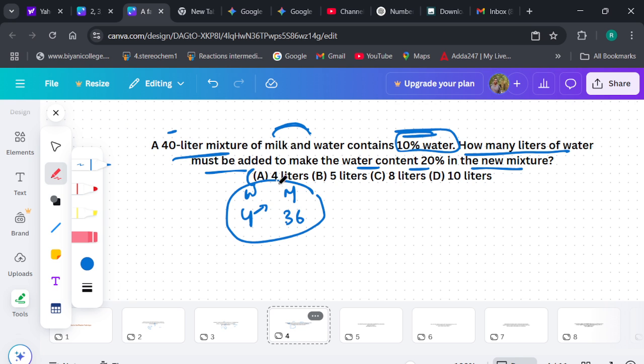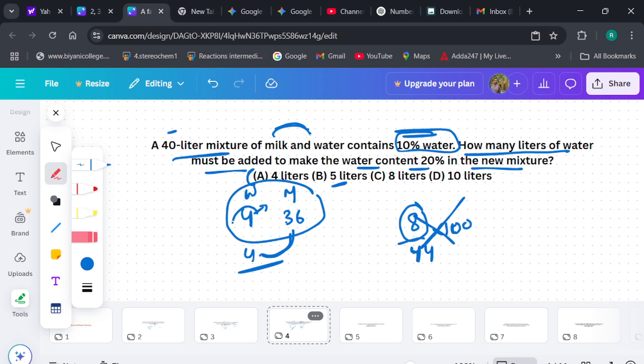Let's say option A is 4 liters. If I add 4 liters, water will become 8 liters. But overall the mixture is now 44 liters. So it is 8 out of 44, into 100. Is it becoming 20 percent? No, it is less than 20 percent.